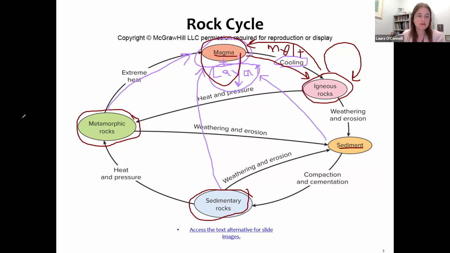So let's get to my favorite kind of rocks, sedimentary. I'm going to use blue because a lot of sedimentary rocks are associated with water. So if you have igneous rocks and they are weathered and eroded, this could create sediment. Weathering is when rocks break down into smaller pieces, and erosion is when those pieces are carried to a new location, usually by water.